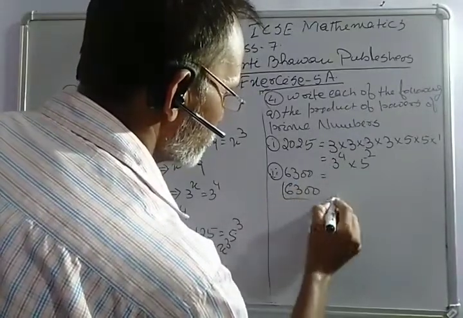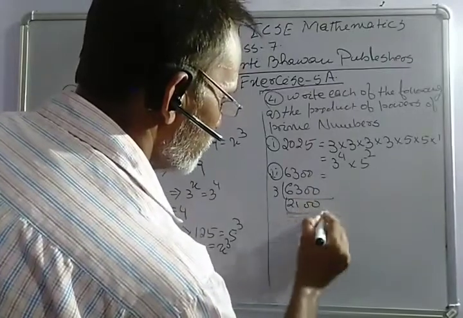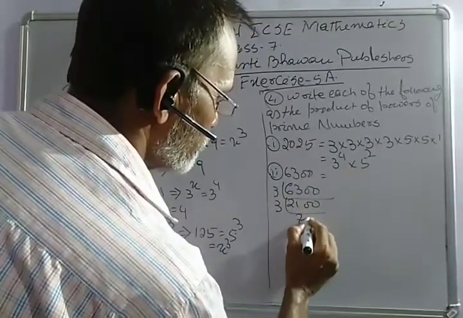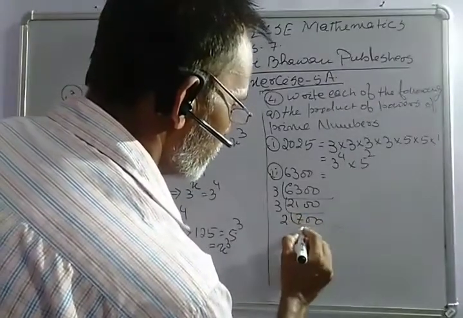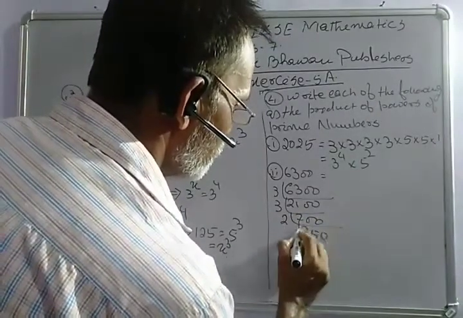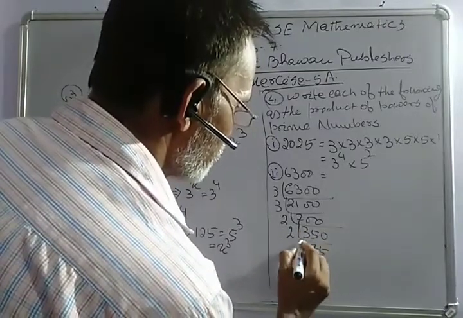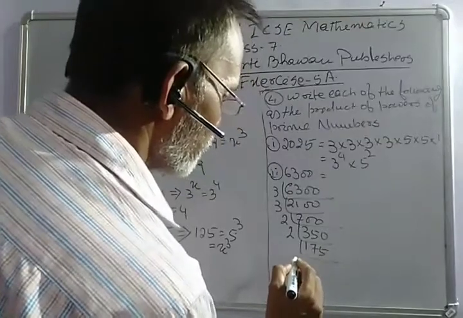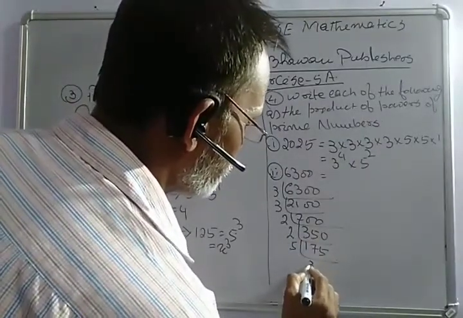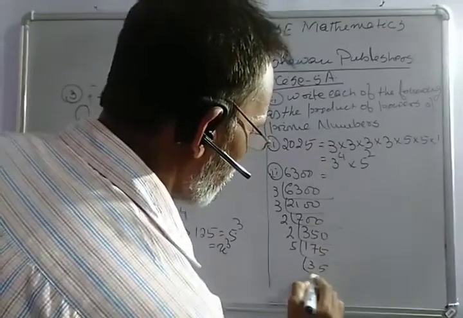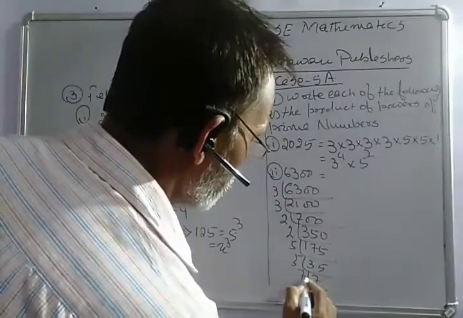6300. Dividing: 6300 by 2 gives 3150, then 2 gives 1575, then 3 gives 525, then 3 gives 175, then 5 gives 35, then 5 gives 7, then 7 gives 1.